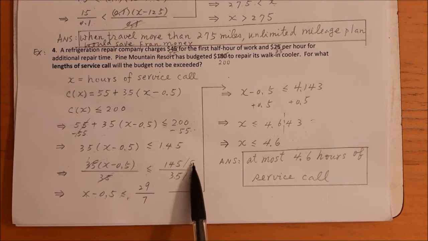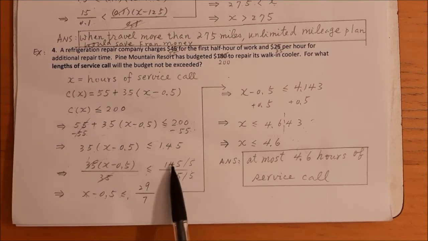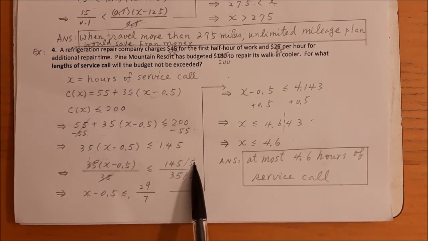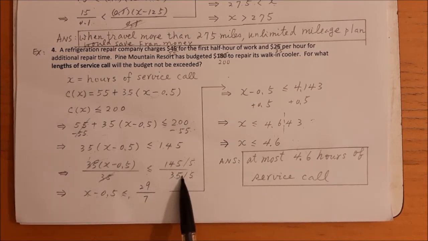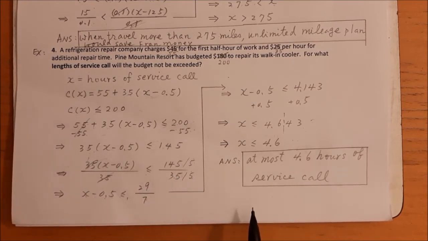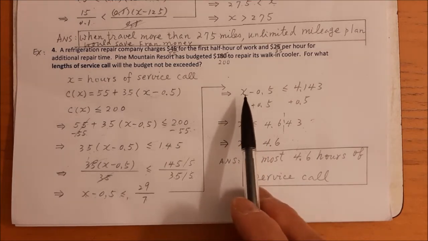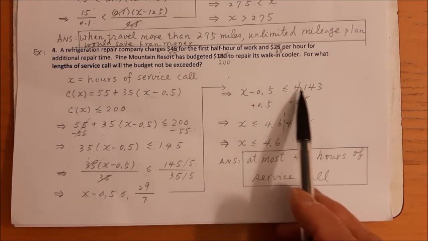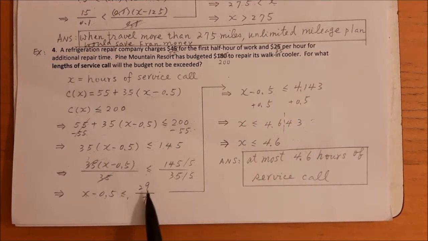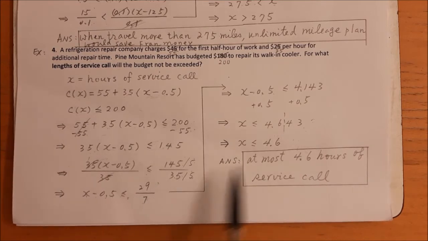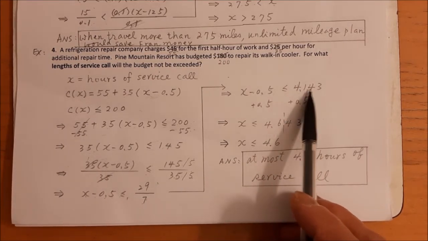Cancel the common factor 5: 145 divided by 5 is 29, and 35 divided by 5 is 7. So x minus 0.5 is less than or equal to 29 divided by 7, which is 4.143.